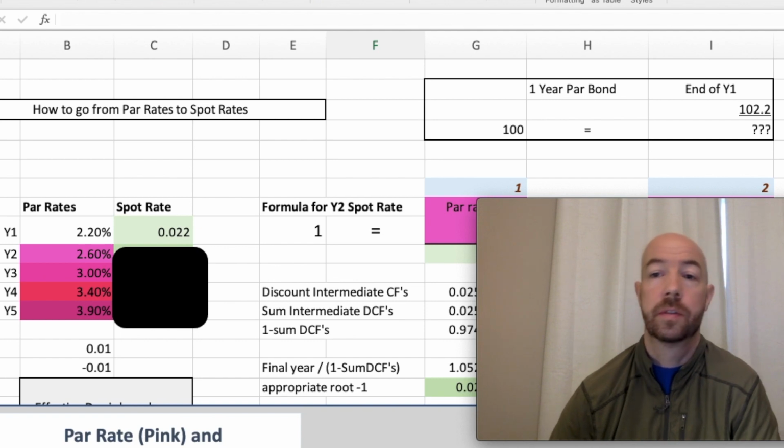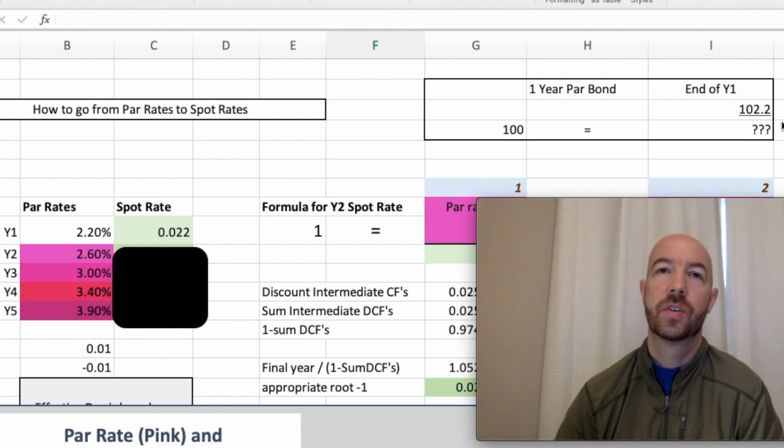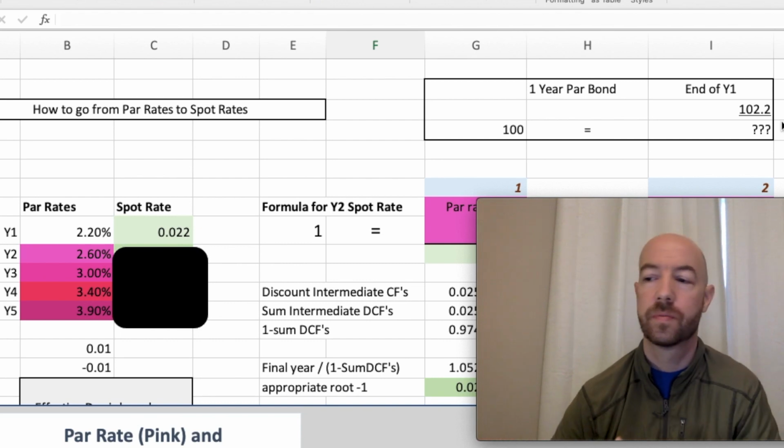Maybe tomorrow things change and it's 2.1%. So the bond that we were looking at on Tuesday is no longer a par bond on Wednesday, which is really interesting to me, because I always got this sense that these things just exist on their own, like they are just kind of cornerstones of finance and you can just find them.